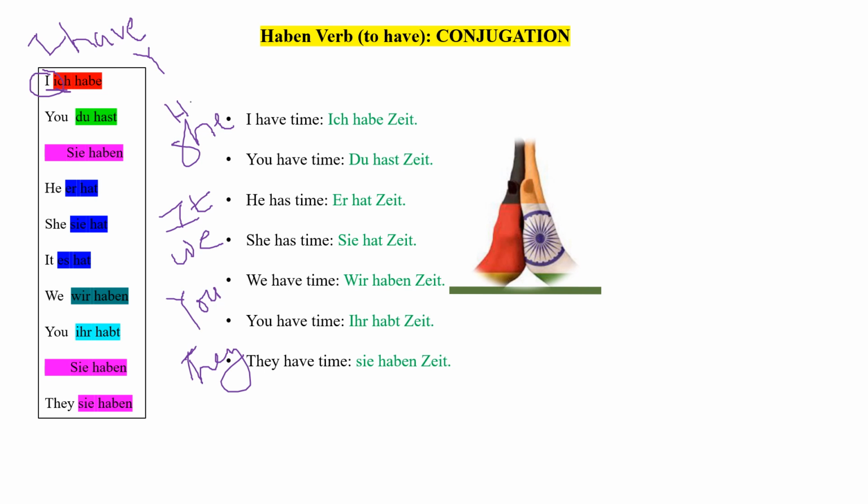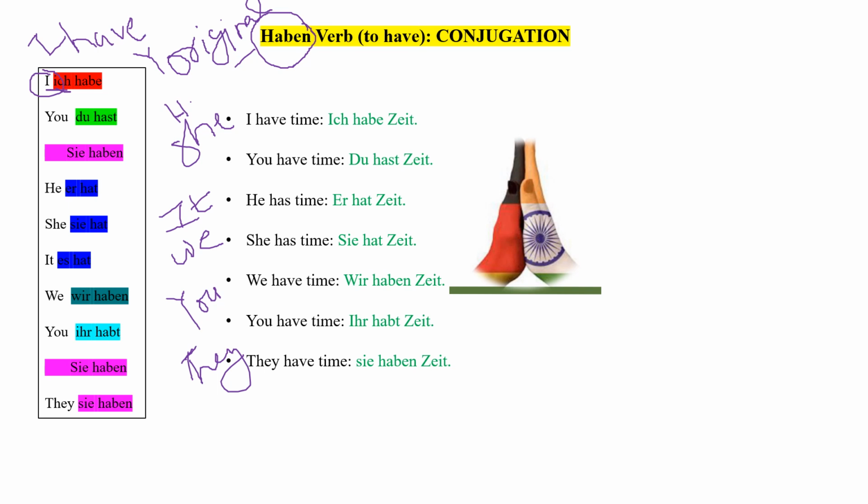But in the case of German language, haben is the base form of the verb, the original verb. Similarly in English, play is the first form of the verb, the original form.